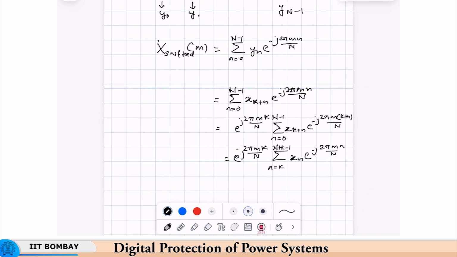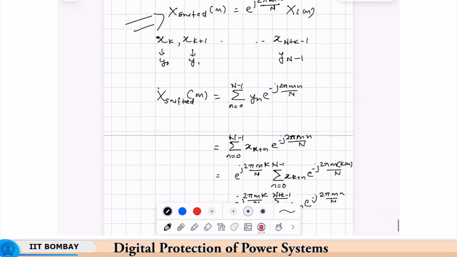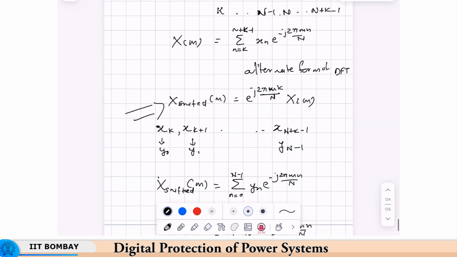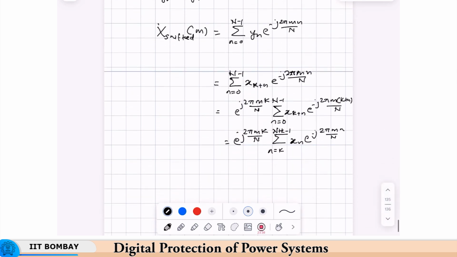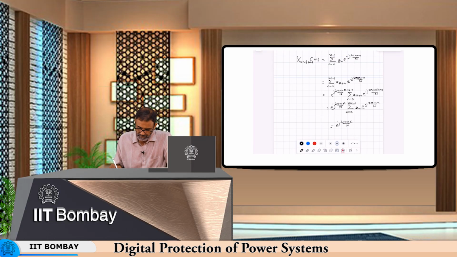So this k we have now adjusted in the index, which is nothing but the alternate form of the DFT that we have already derived, which is nothing but x of m.